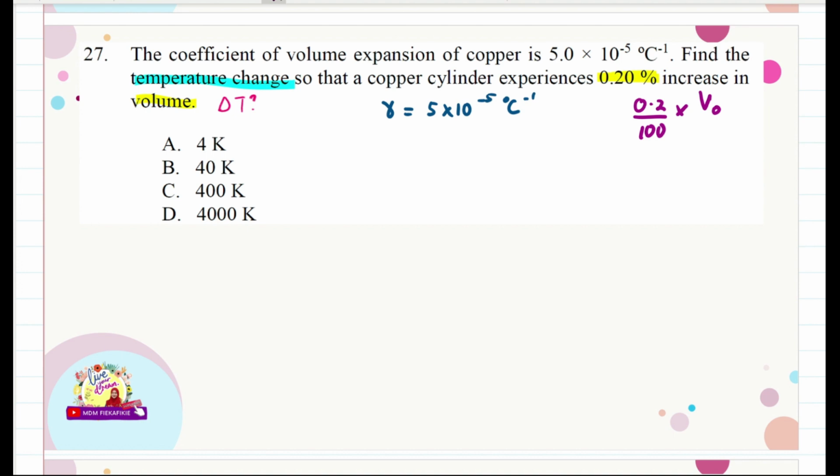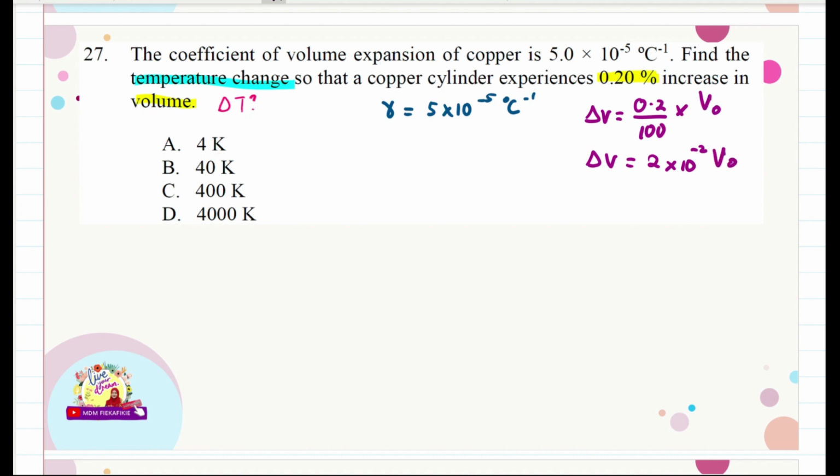Di mana dia punya delta V, ini dia punya delta V is equal to 2 times 10 power of negative 2 V0.